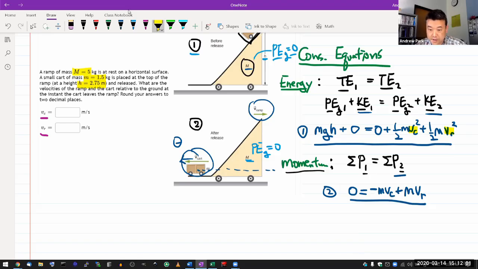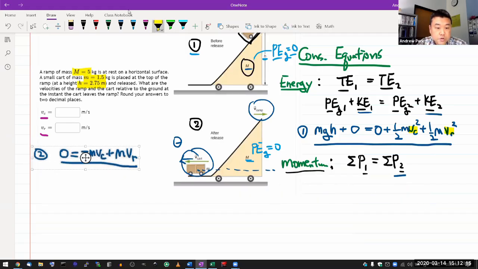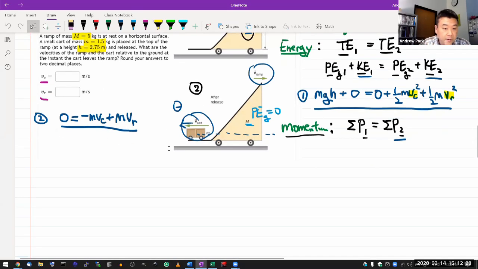And staring at it for a second, I think the easiest thing for me to do is let me do this first. Solve equation 2 in terms of one of the velocities. That'll let me plug that solved velocity into equation 1 and solve systematically that way.